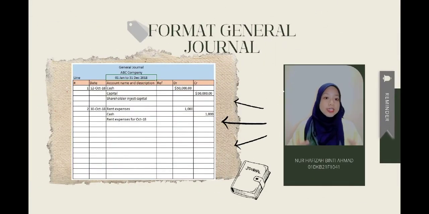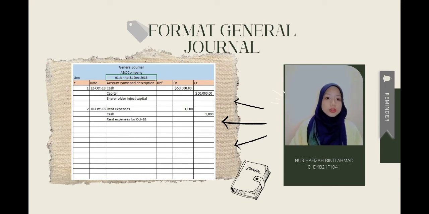Format of the journal. As you can see in the journal template, the key information that should be included at the top is the name of the entity and the period that the journal is recording. In the detail of the journal, key information that should be included is the line of the journal, date of the transaction, name of account, and description of transaction.